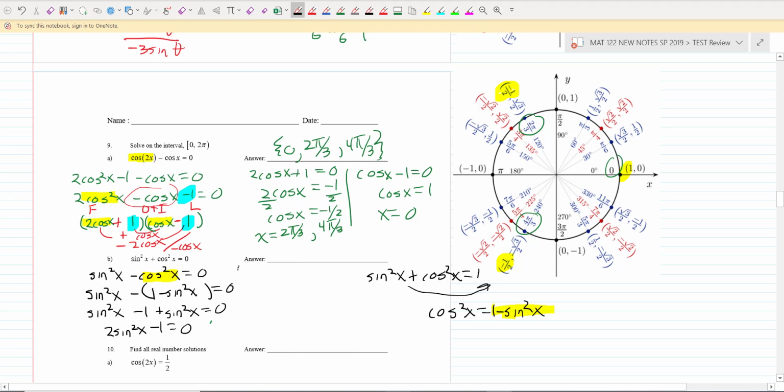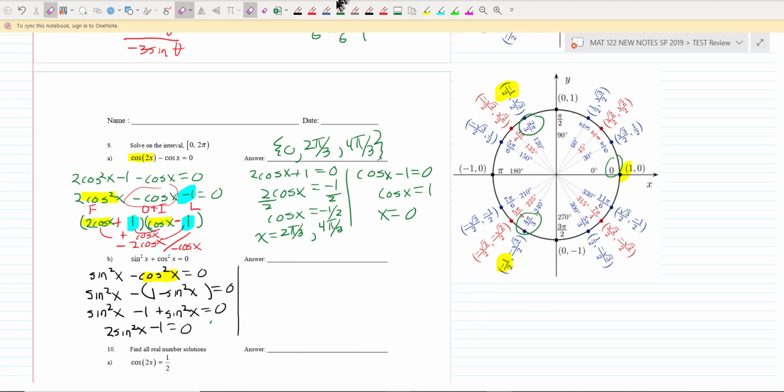Okay, so what I'm doing is I'm getting that down to one trig function so I can solve it. There wouldn't be any other really good way of doing this problem. So the idea with this is add 1 to both sides, so we'll have 2 sine squared x equals 1, divide by 2, so we get sine squared x equals 1/2.